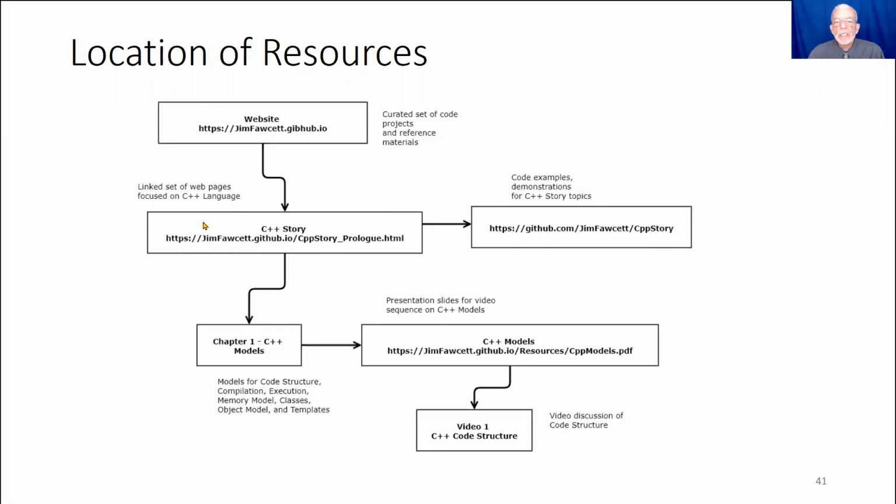The story is fairly detailed. There are a lot of code examples, and you'll find them in this CPP story repository. This will take you directly to that repository, and you can download it and build the projects. One word of note: virtually all of this code has to be compiled with the C++17 standard option.